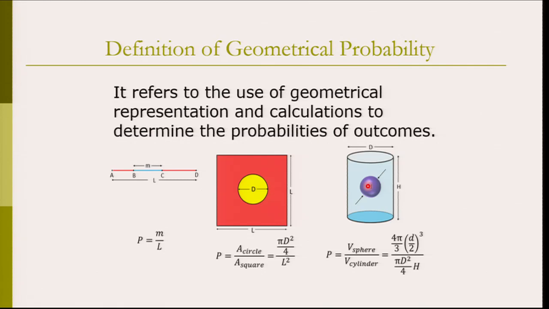If we are supposed to calculate the probability of hitting a point on this sphere, that will be the ratio of the volume of the sphere, which is obviously 4 by 3 pi (d by 2) whole cube, to the volume of the cylinder, which is pi d square by 4 h. So, this is how we can calculate the geometrical probability, and we would be extensively using these principles in the next few lectures.